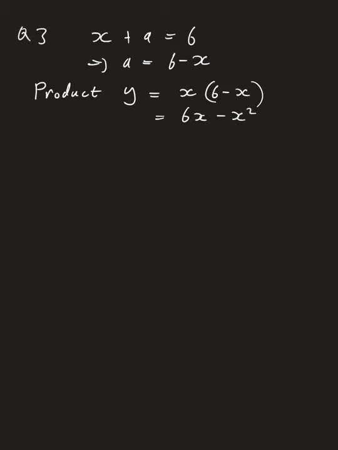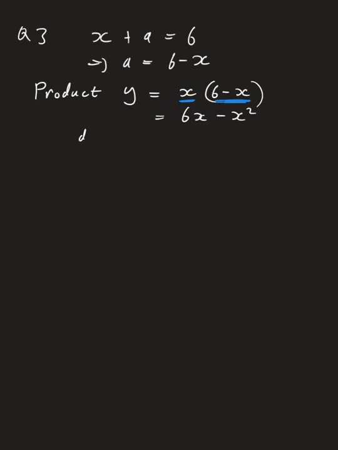So again, my two numbers, I called the first one x, the second one then has to be 6 minus x, because they must add up to 6. y is the product of the two, so y is equal to, in the end, 6x minus x squared. So I've written a function for the product in terms of one of my two numbers. So what I'll do now is find the maximum value of that function and see what value of x gives me a maximum.